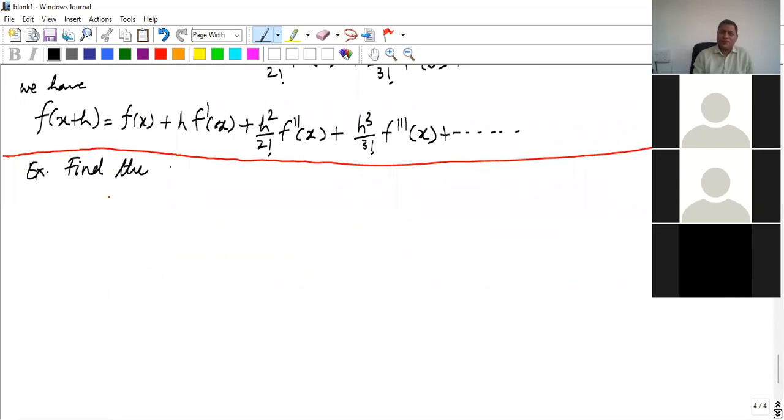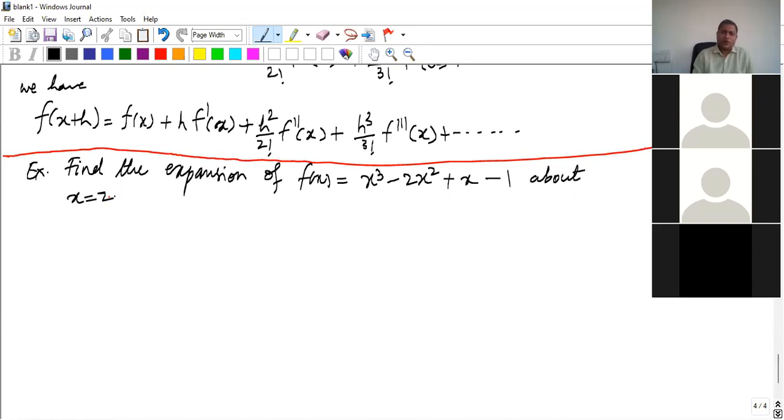Find the expansion of f of x equal to x cube minus 2x square plus x minus 1 about x equal to... read the question once again.